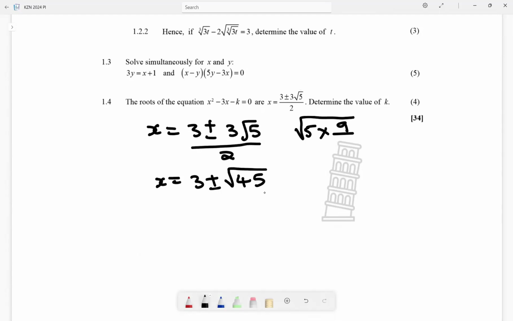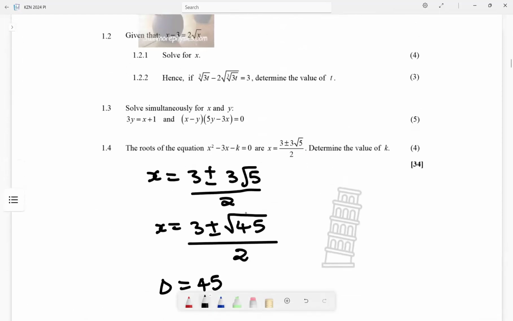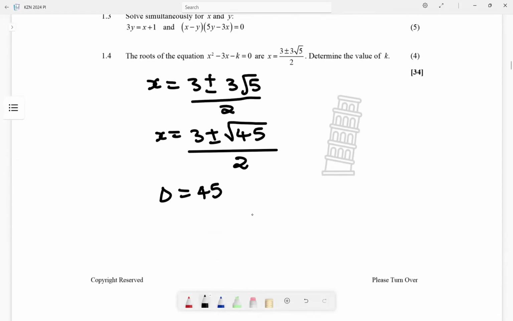It does not give you that answer, but it is 45. So now can you see this is our discriminant? For this one, our discriminant is equal to 45.